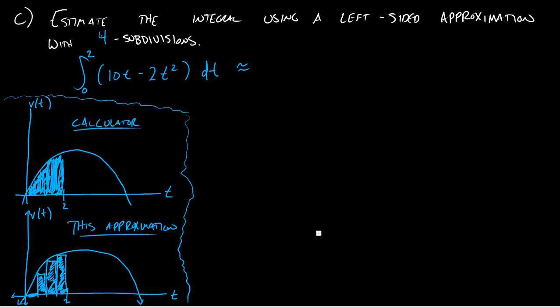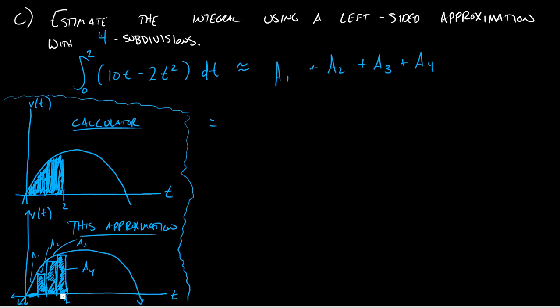So the first rectangle is kind of like just a thick flat line here. And so if we need to approximate it using 4 subdivisions, what we do is we just add up these 4 areas. We add up A1, A2, A3, and A4. To do that, we use the equation for the area of a rectangle. The area of a rectangle will always be base times height.